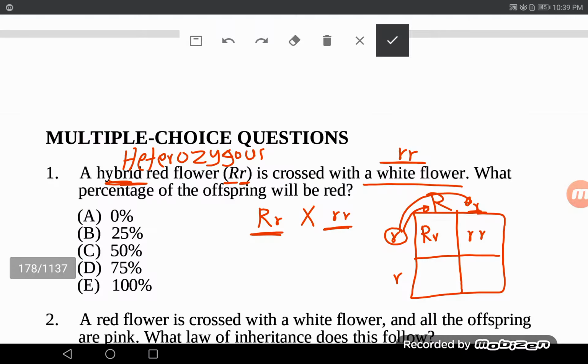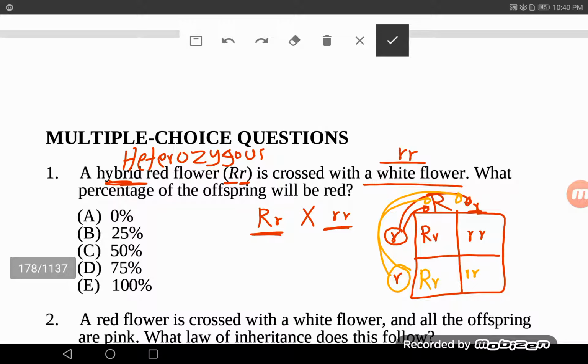I want to change the color. Now I will multiply this one with R capital and then with r small. So during the multiplication it will be R capital r small and r small, r small. These are the genotypes that we have.